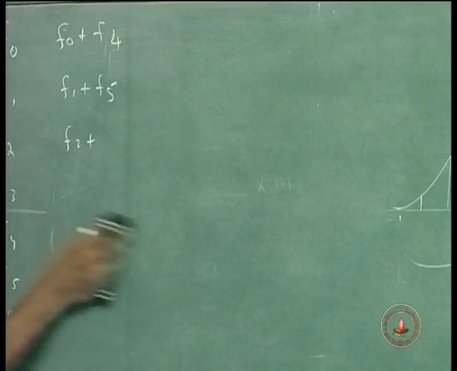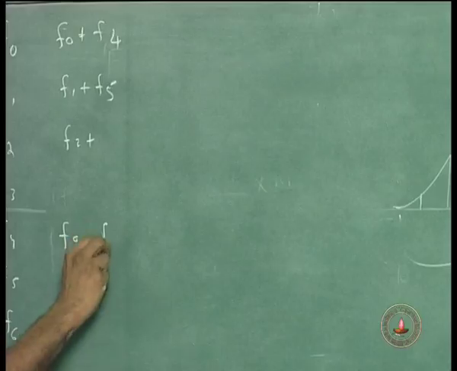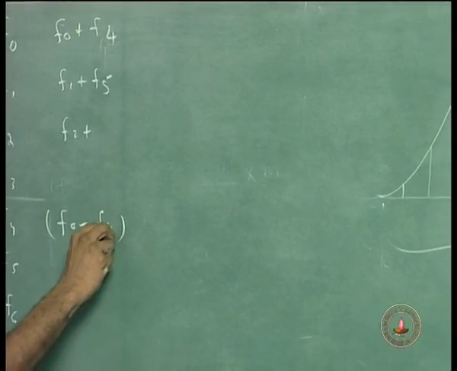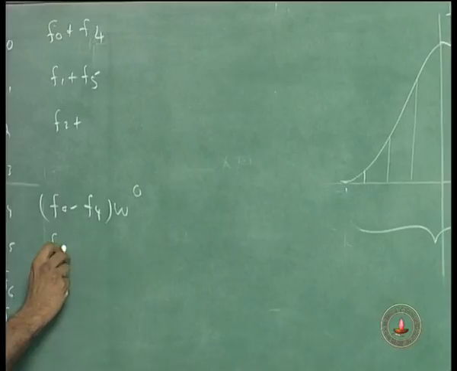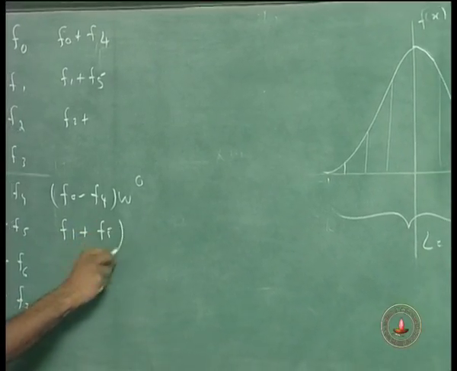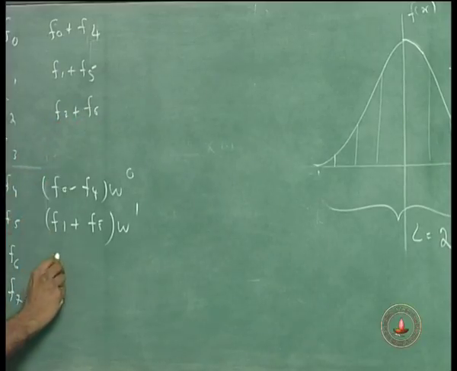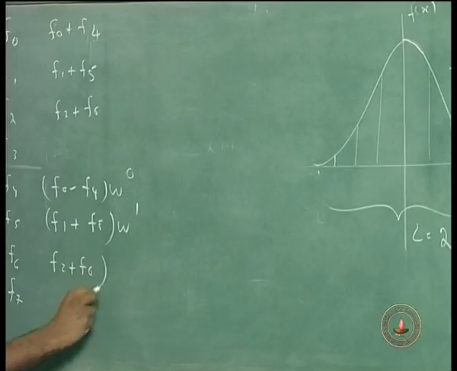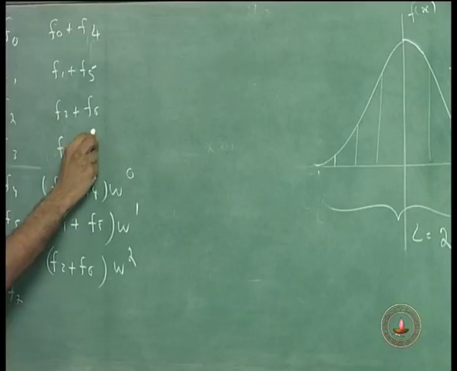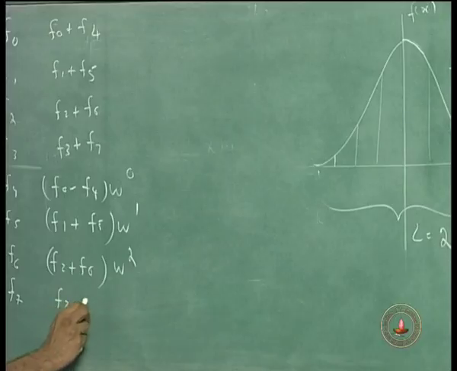Sorry, I made a mistake: here it is f0 plus f4, and f0 minus f4 into w0, and here it is f1 plus f5, and f1 minus f5 into w1, and then here we have f2 plus f6, and f2 minus f6 times w squared, and here we have f3 plus f7, and here we have f3 minus f7 times w cube. Well, that is what we have.